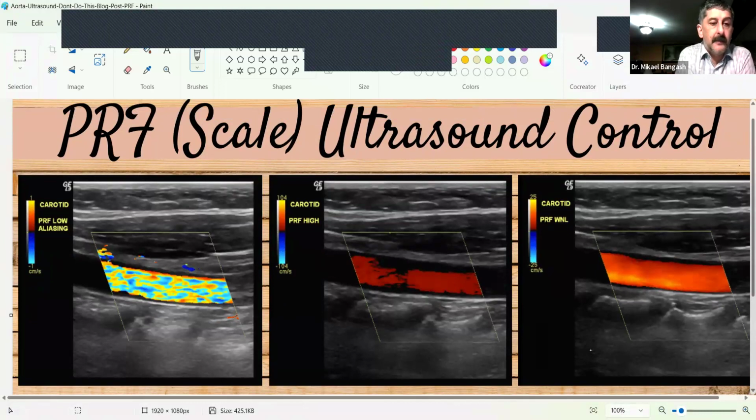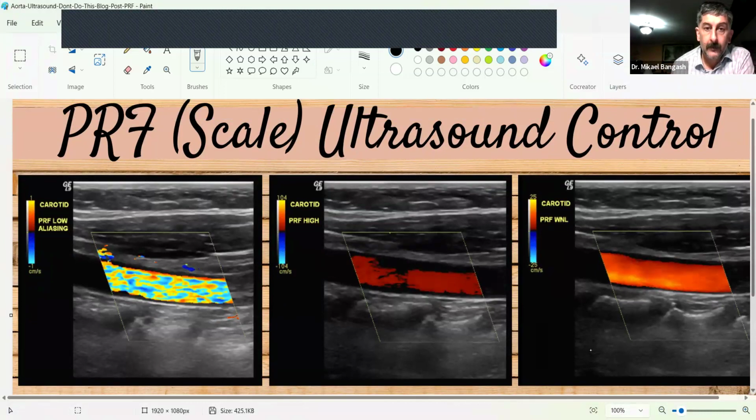Again, the matter is optimizing. If we say this picture here is A, we have aliasing. Why do we have aliasing?